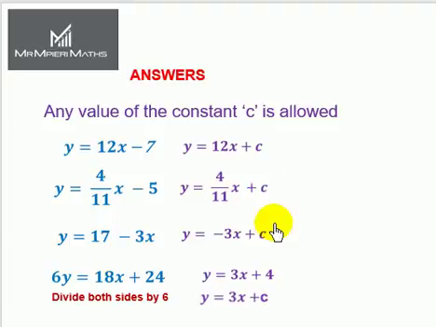And here you will have, again, minus 3x plus your constant. If you put it in this format, whatever value you choose here, minus 3x is correct. Again, divide both sides by 6 to keep it in the right format, which is y equals 3x plus 4. Again, y equals 3x, whatever y-intercept you choose here, is correct.